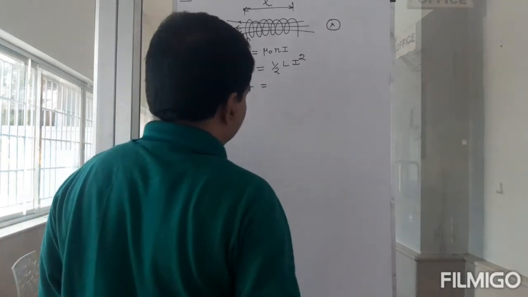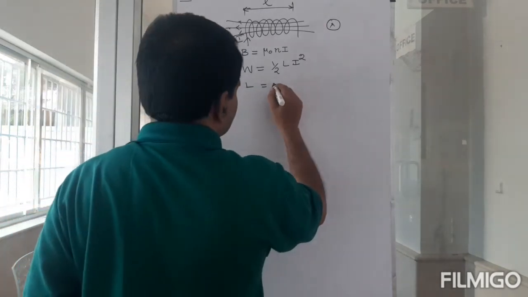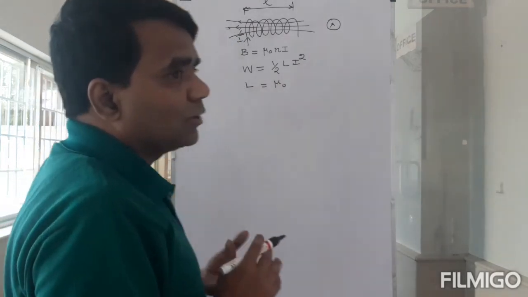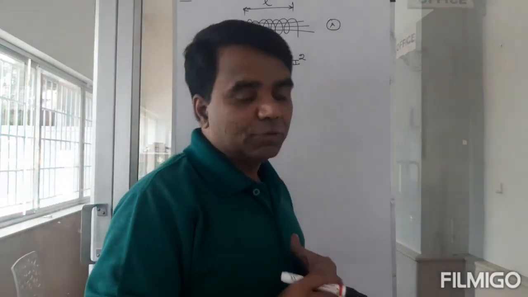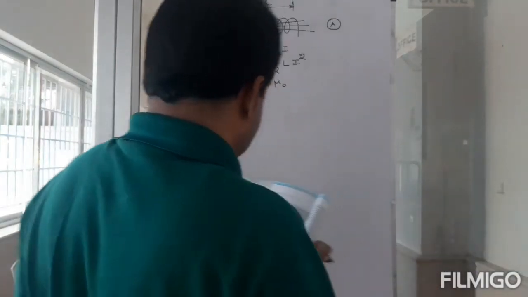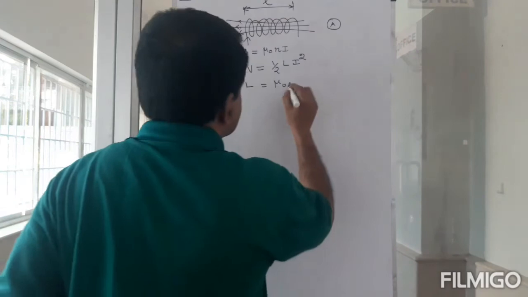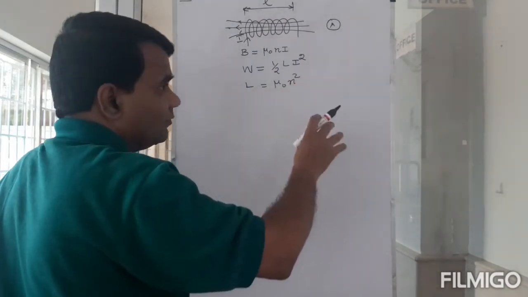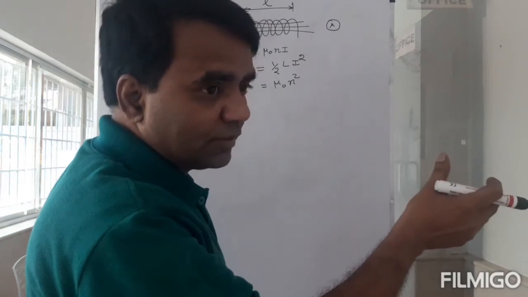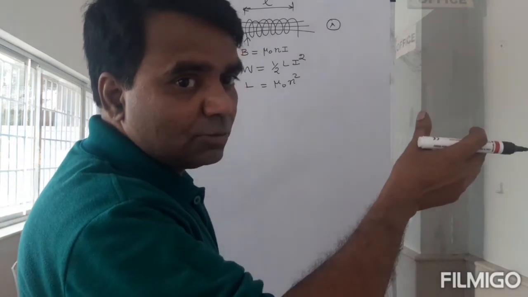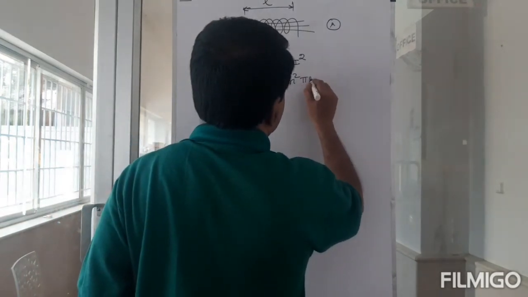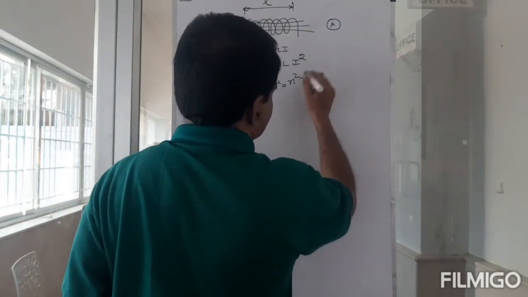L is equal to mu naught, and we said it depends on the geometry, mu naught N squared pi r squared into l. This is what we did, right?